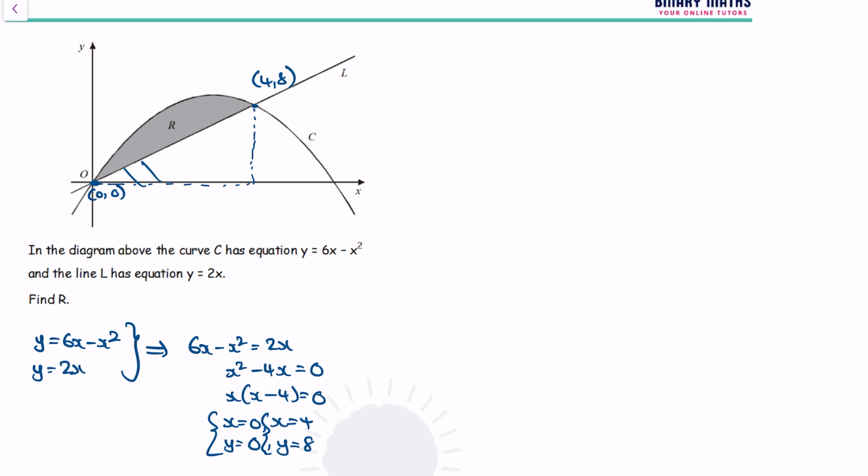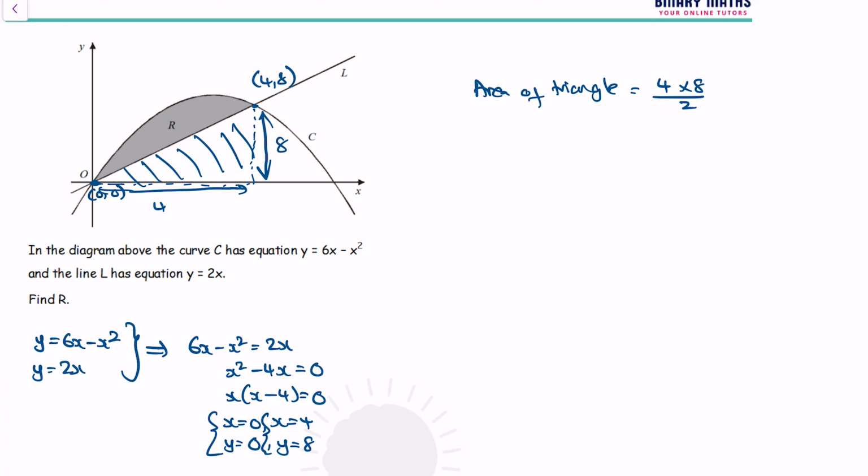The area of the triangle is base, which is 4, times the height, which is 8, divided by 2. You can clearly see this is 4 and this is 8, which gives you a value of 16.